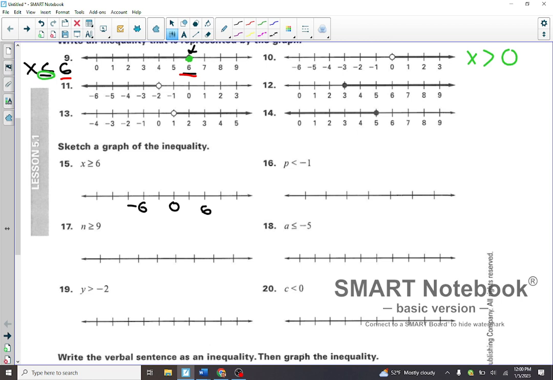So don't have something bigger on the left or something smaller on the right. Either way, in this case, x is greater than or equal to 6. So x will be a closed circle on 6. If you draw it over the line, that's perfectly fine also. Some people like to draw it over the line, that's fine. And then x is bigger or greater than or equal to 6. So I'm going to go to the right. And again, if you draw it over the line, I don't mind either.